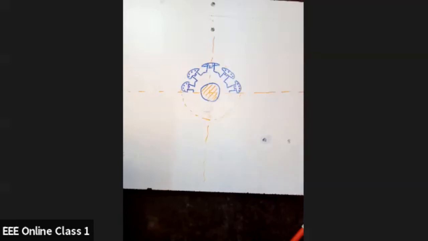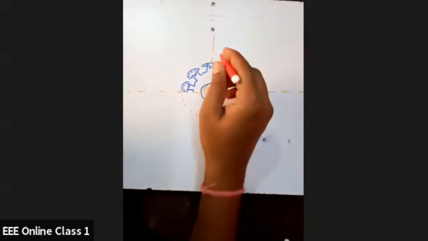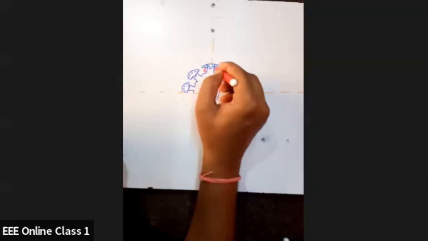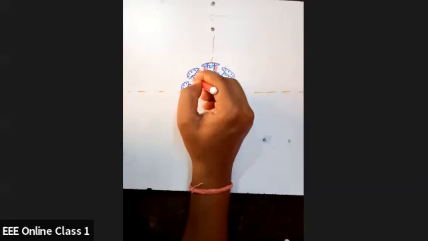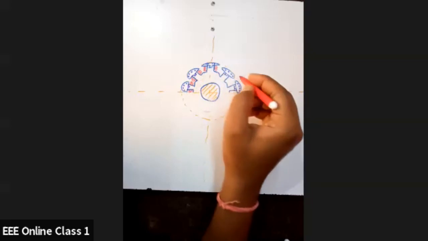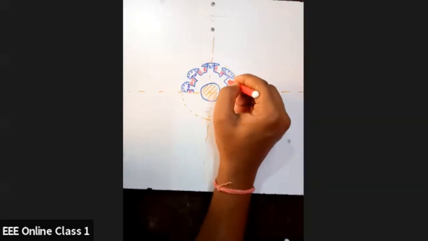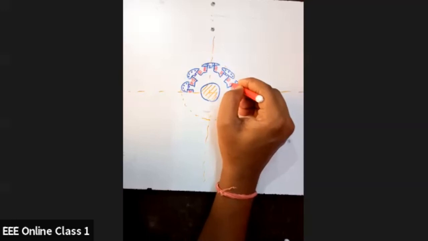So use a polar array and make 10. If you want, you can show field winding also. This is field winding. So only height is given, 7.6 centimeter.